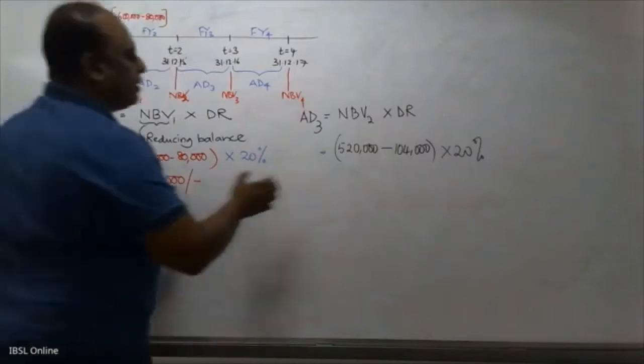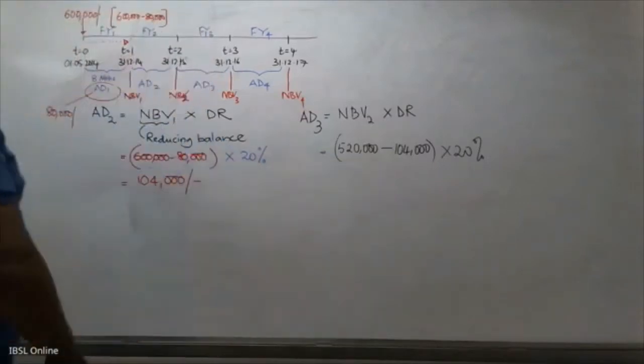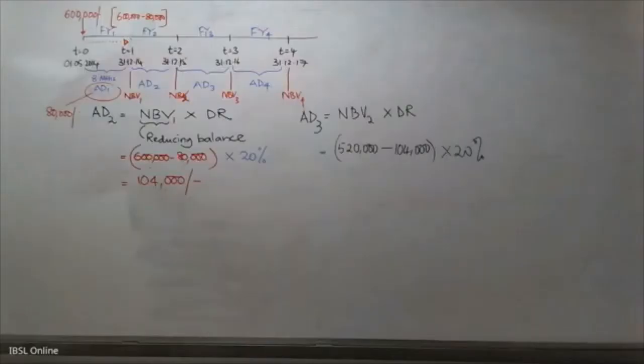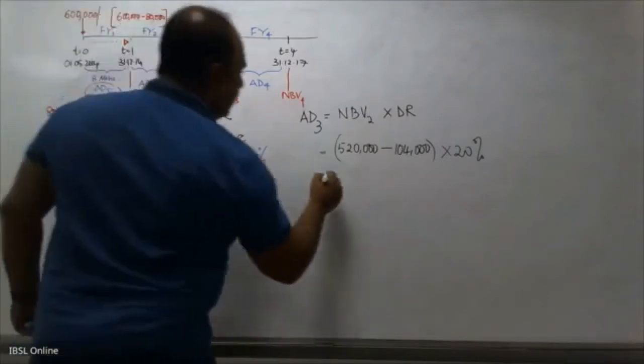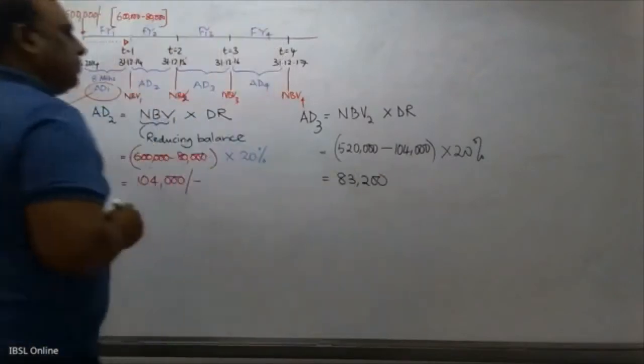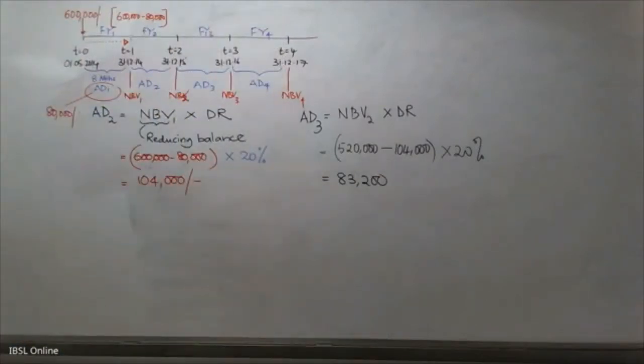That is what I have written. Okay. So 520 minus 104 into 20%. How much is that? 83,200. Correct? 83,200.